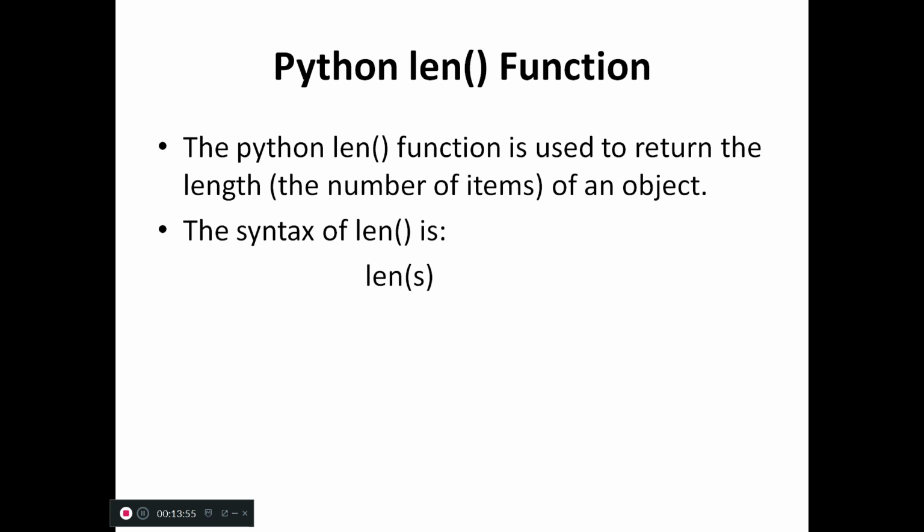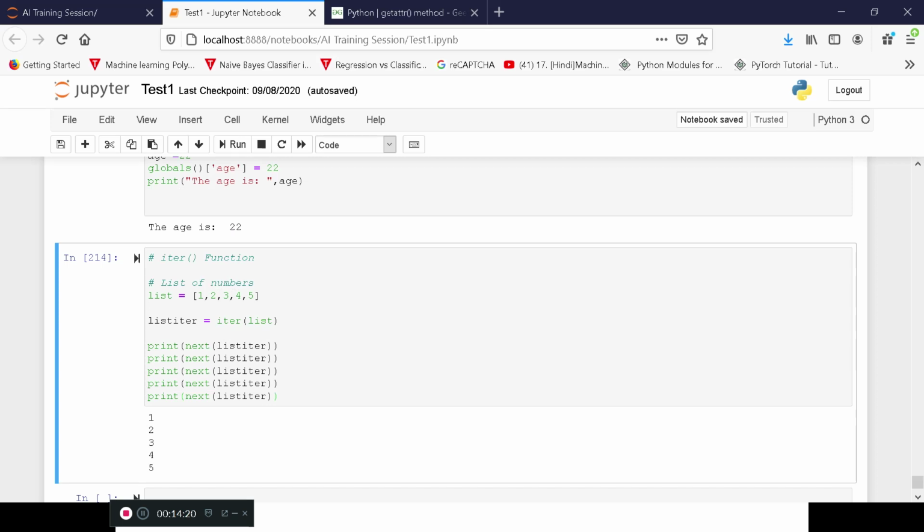Now we'll move on to the next topic, the Python len function. The Python len function is used to return the length, the number of items of an object. The syntax of len is len in brackets s. So it will display the length of an object. Let's check this out in our code.